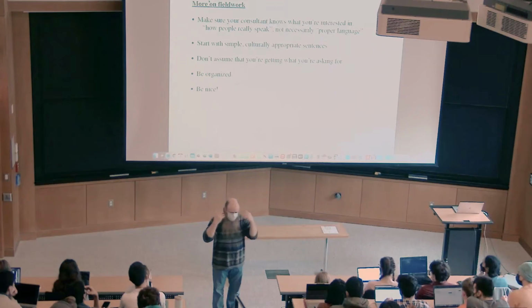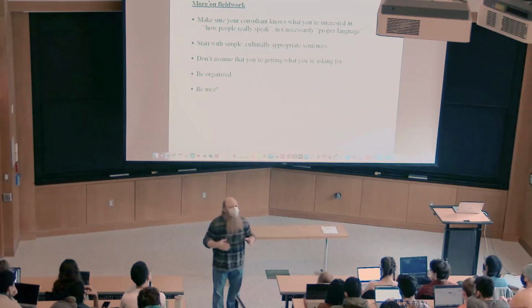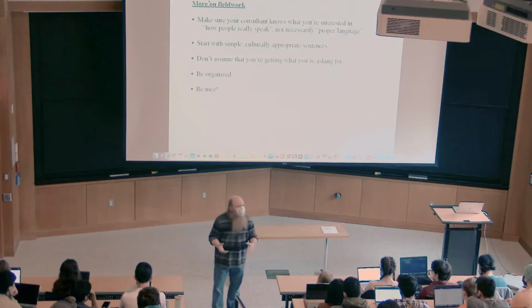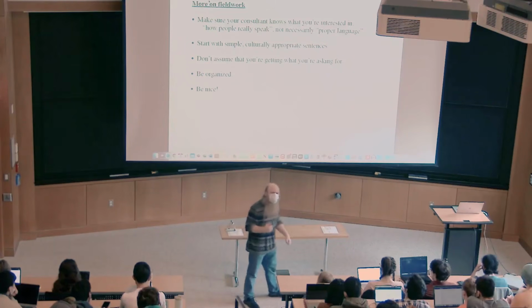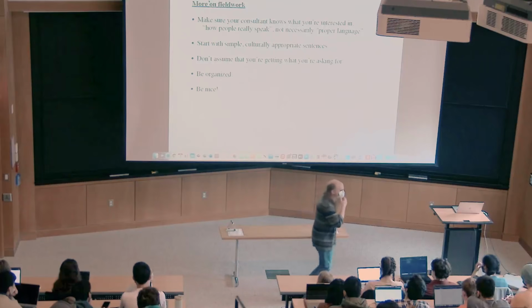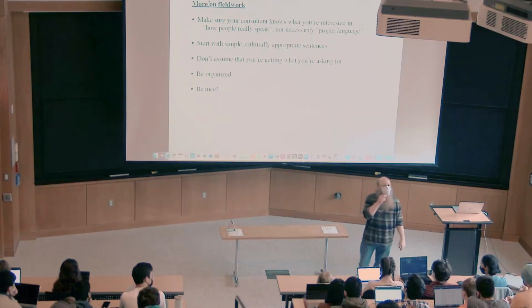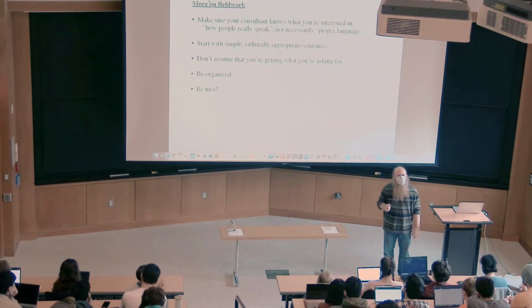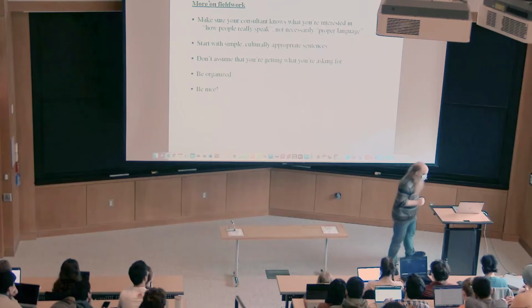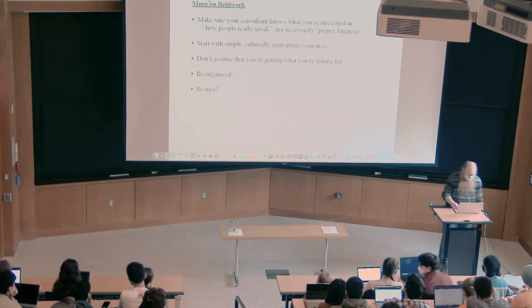And so I promise not to send a note to your parents or to your teachers in high school, reporting on what you tell me. That's not how this works, right? I'm trying to understand how people actually talk. That's what linguistics is about. It's not about the rules that you learn in high school, which sometimes describe what you actually do and sometimes don't. Okay, does that make sense? These are all things you may want to do.